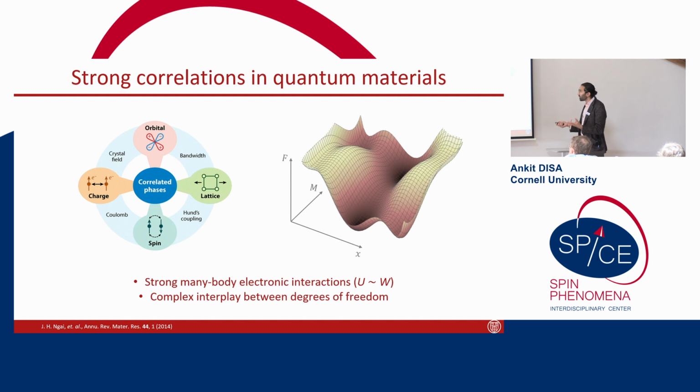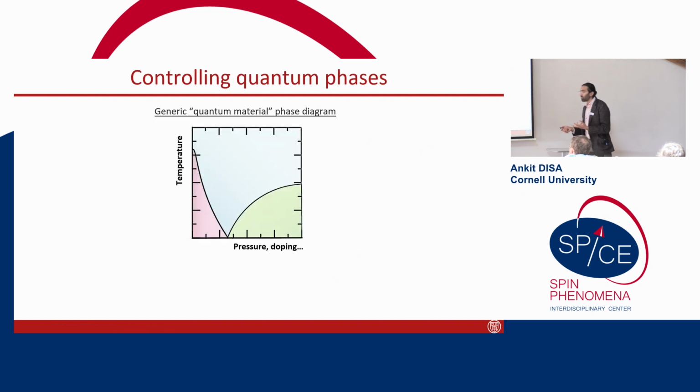And a consequence of that is what Harold showed us, that you end up with very, very complex phase diagrams where you can tune the ground state of the system between different types of phases by applying some external perturbation, as we know, for example, pressure, doping, strain, et cetera.